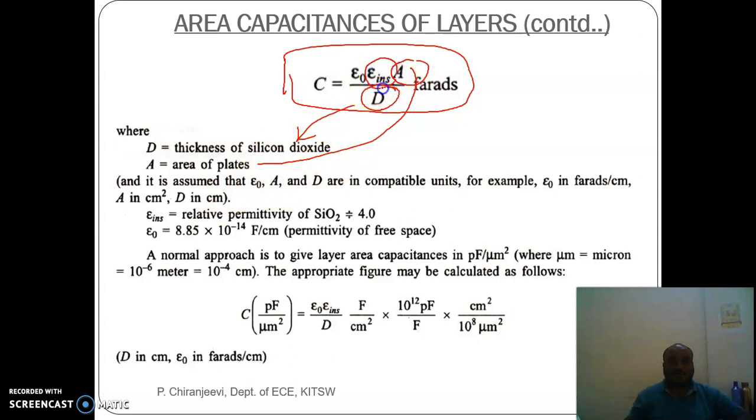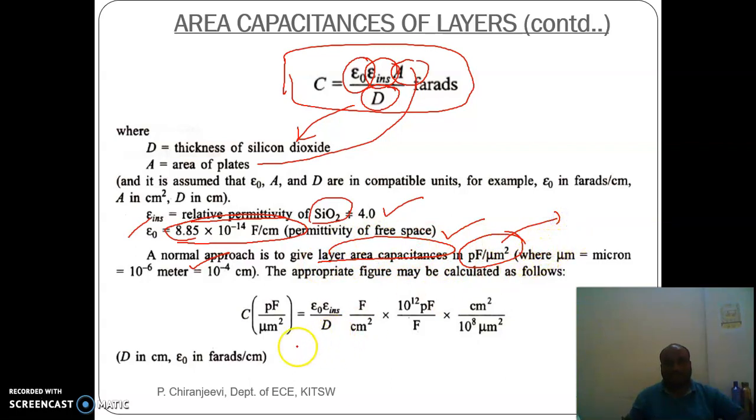Epsilon ins and epsilon naught represent the relative permittivity of silicon dioxide, that is 4, and epsilon naught is 8.85 times 10 power minus 14 farad per centimeter, the permittivity of free space. A normal approach is to calculate this area capacitance in picofarad per micrometer square.